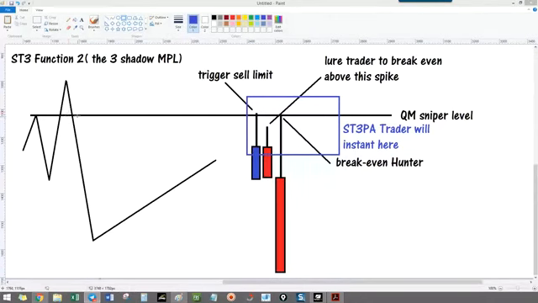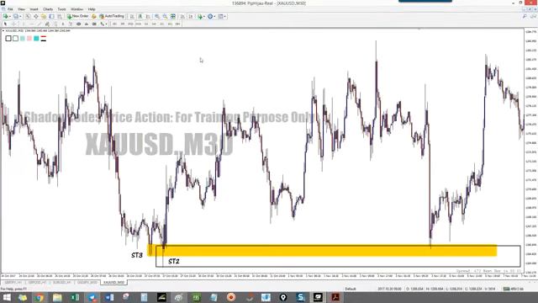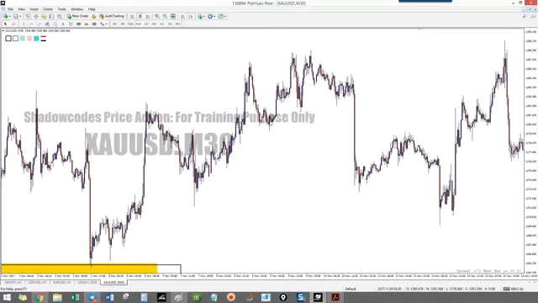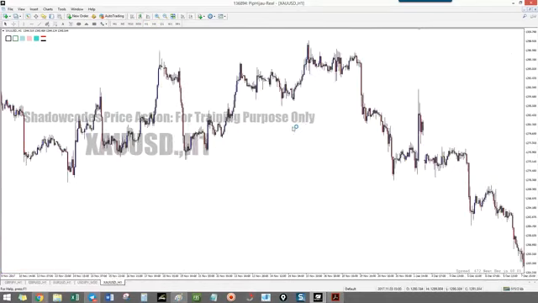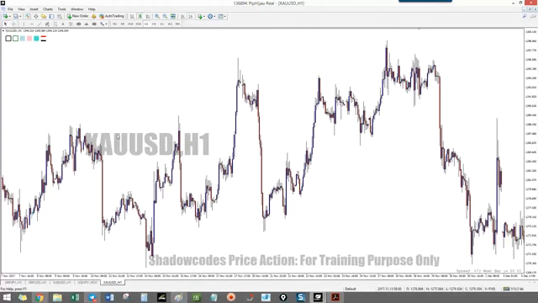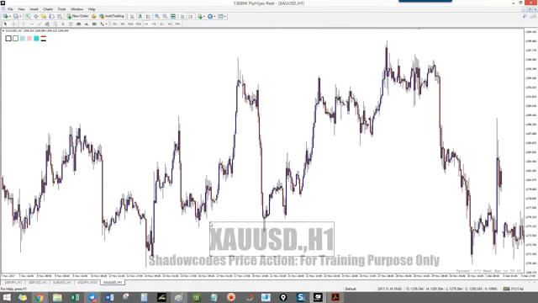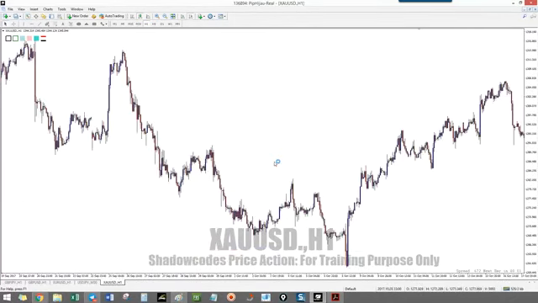Okay, you know that over here got a decision point. Okay, so let's find it in the chart. Maybe H1. See if we can find.